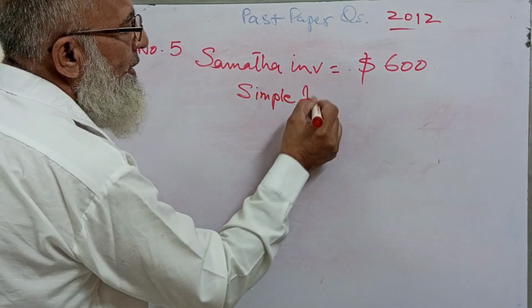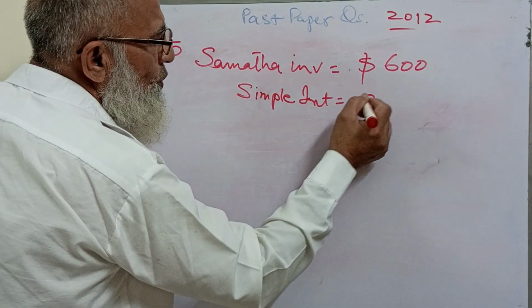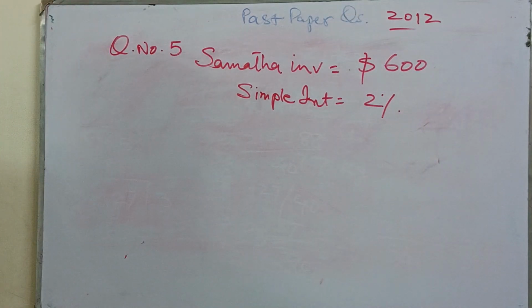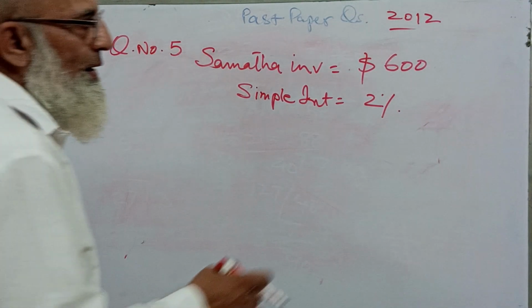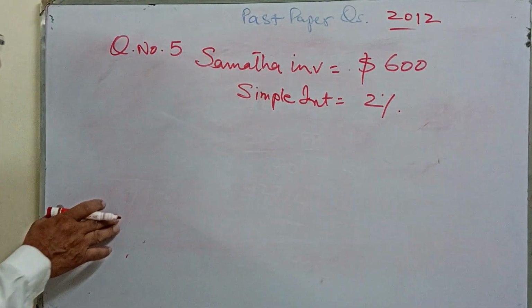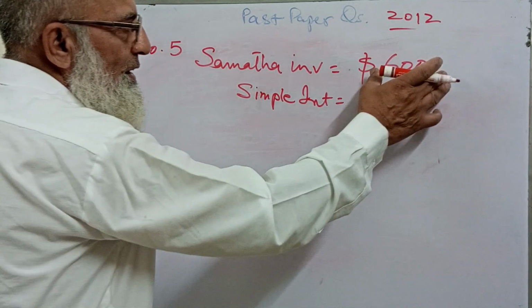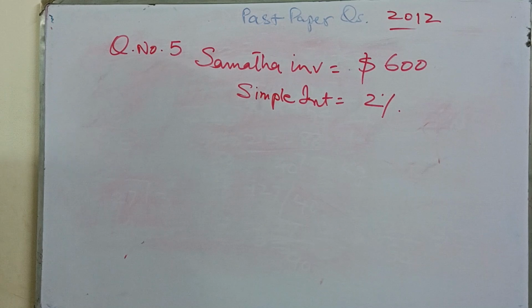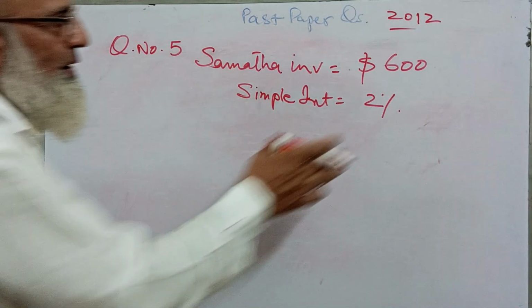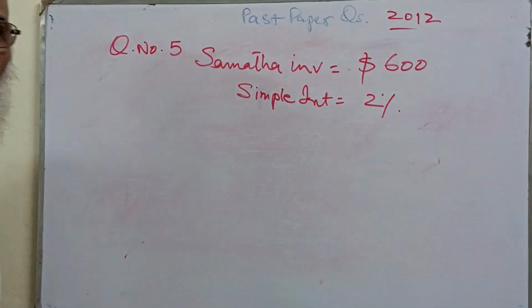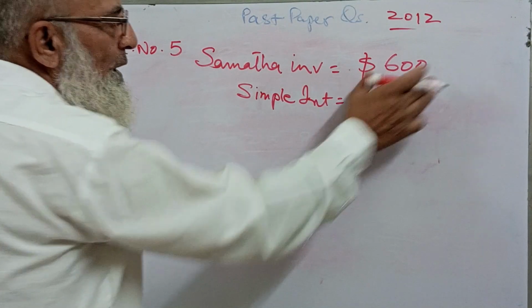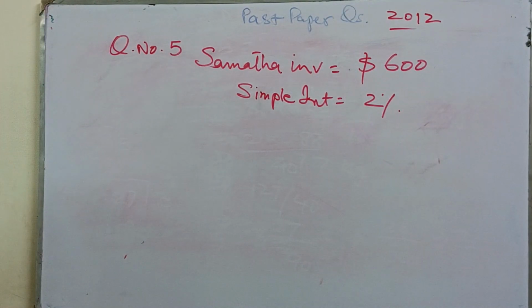Now, I have to write it. Simple interest is only 2%. Now, what does simple interest do? Simple interest does not change the actual value, the principal value. It does not change its principal value, which will always remain $600.